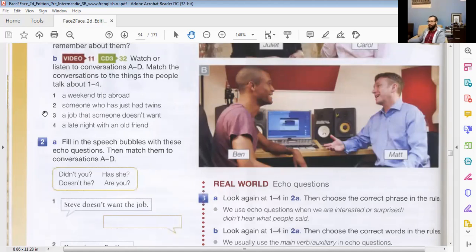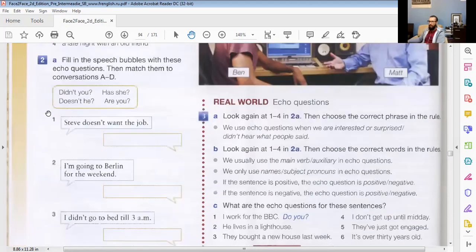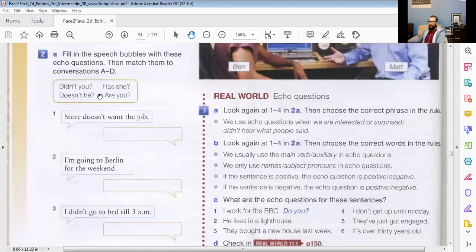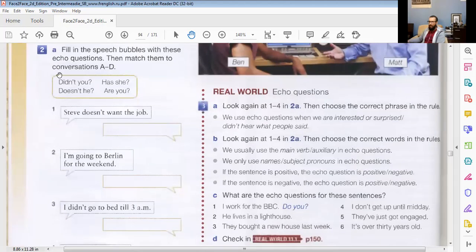Right, exactly. All right, so now I want you to take a look at number 2 here, exercise 2. So here we have a little speech bubble. Actually, this is the box, these are speech bubbles. Can you see the speech bubbles? Simply, the person who is talking. Can you see that? Yes.